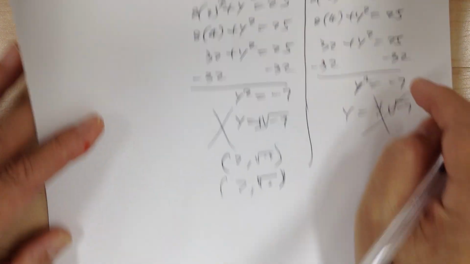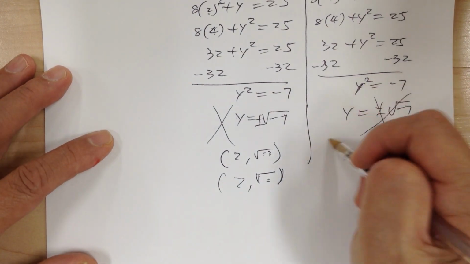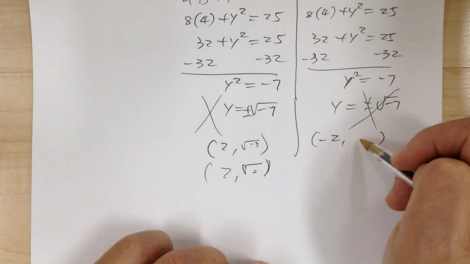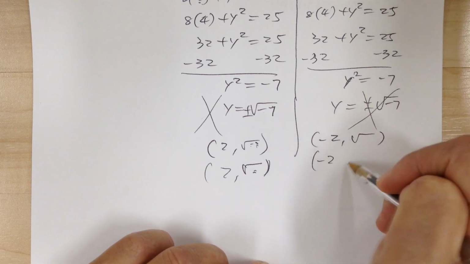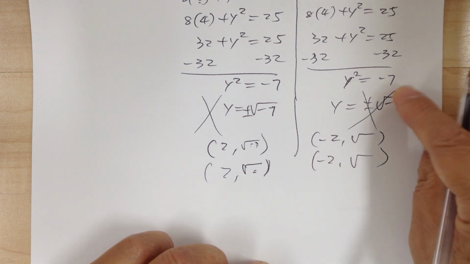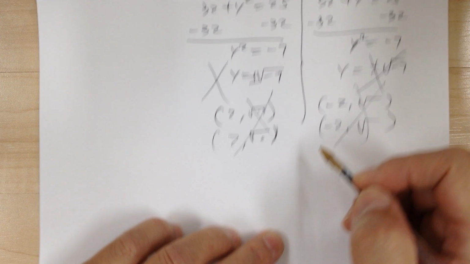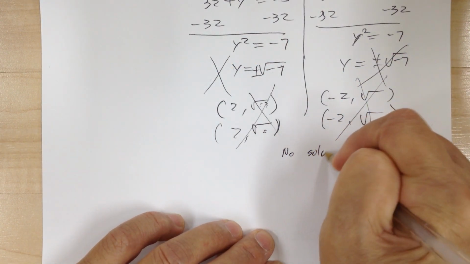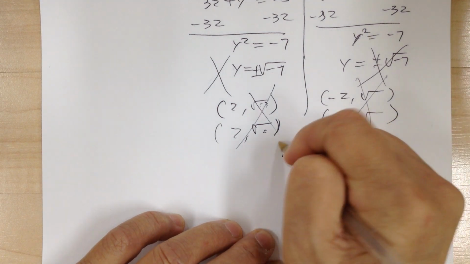But if the answer is good, then again you're going to get answers like -2, that's your x, and you're going to get something like this. But this is no good, so that's why you don't get any answer. In this case, all the answers are bad, so your answer would be no solution.